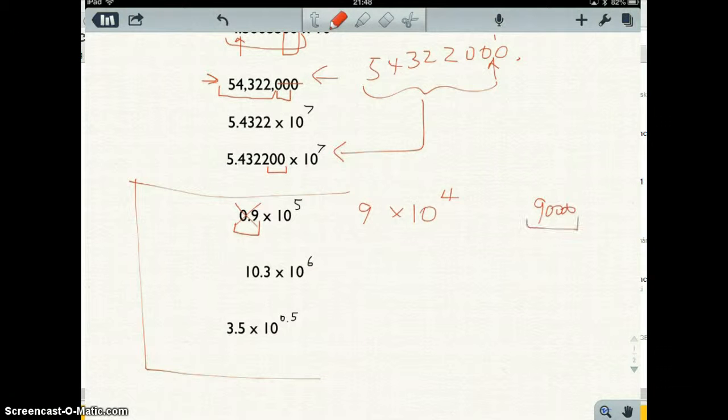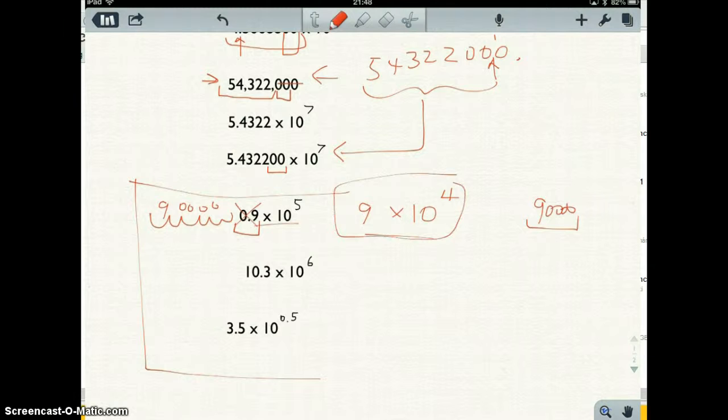We're just checking to see if I did this right. 0.9 times 10 to the 5th would be 0.9, and then moving 1, 2, 3, 4, 5, so that would be 9 with 4 zeros. So yes, this is equal to this, so this is the right way to write that.